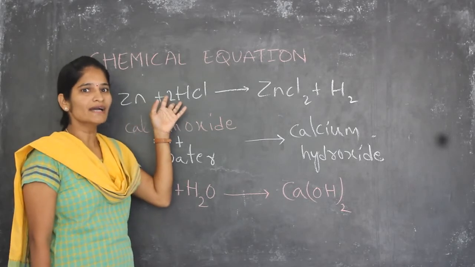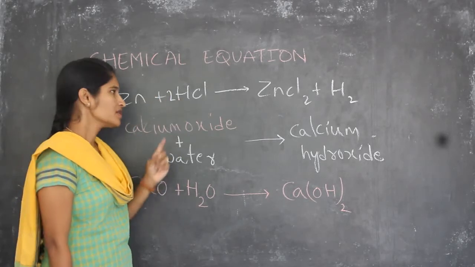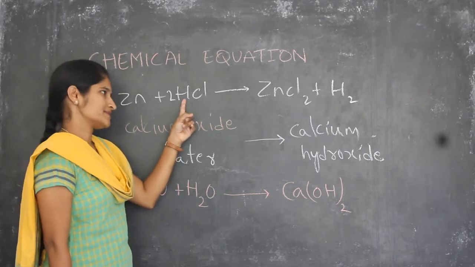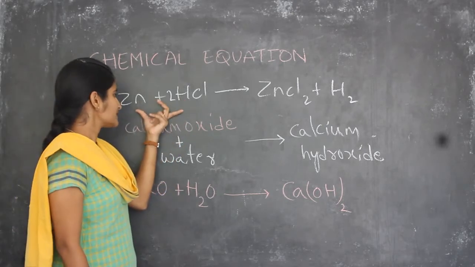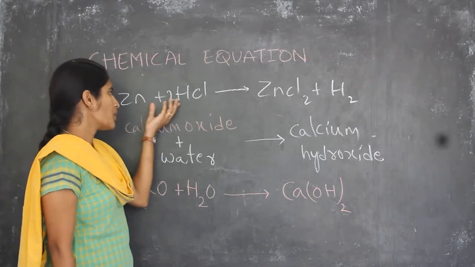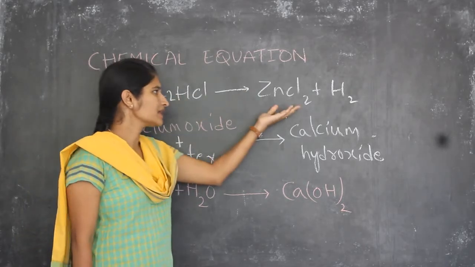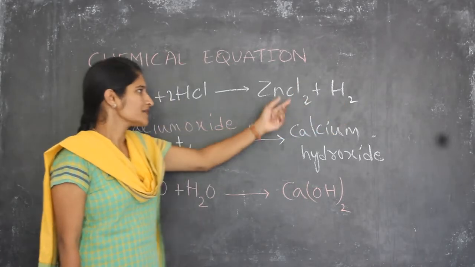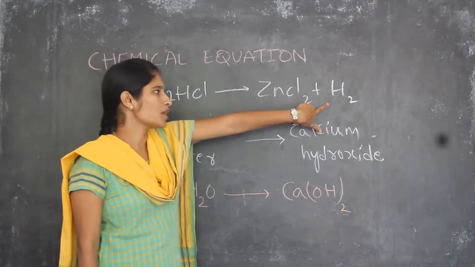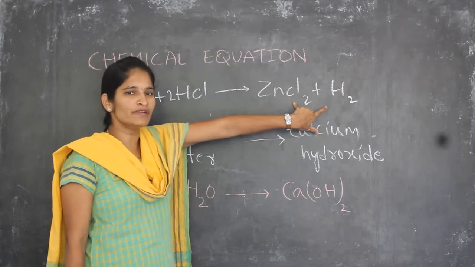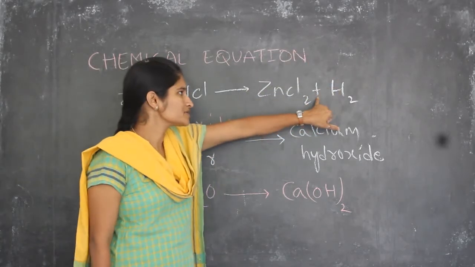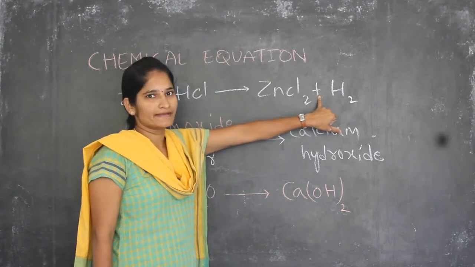This is a displacement reaction, in which zinc is replacing hydrogen. Both compounds combine and give ZnCl2, that is zinc chloride, plus hydrogen. Here two new products have been formed. So when more than one product is formed, we use the plus symbol to write the equation.